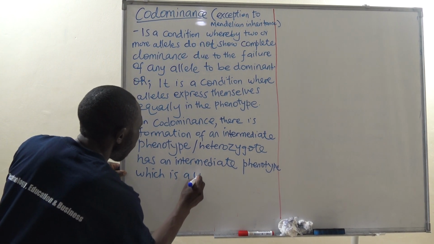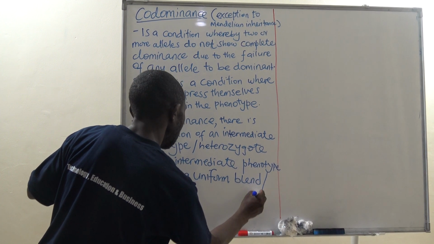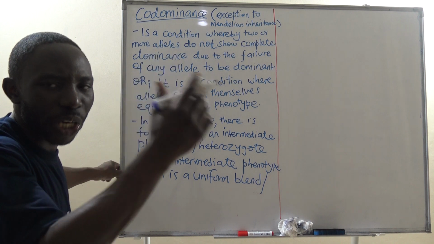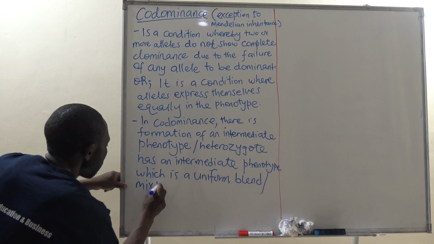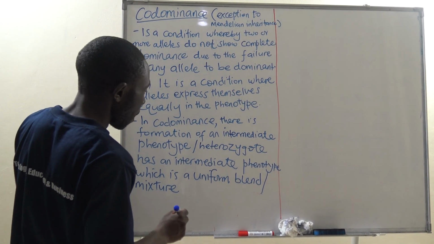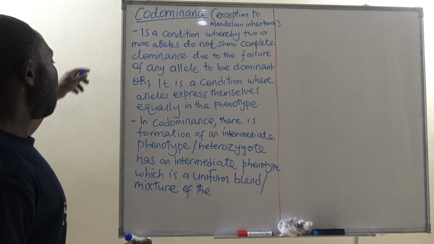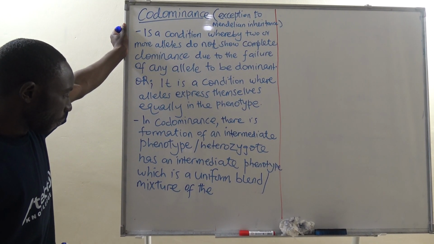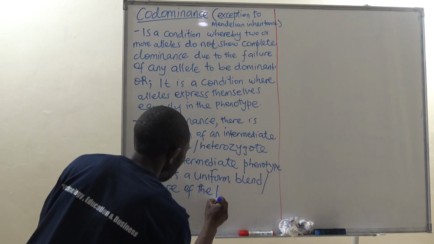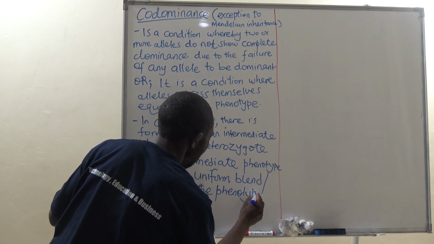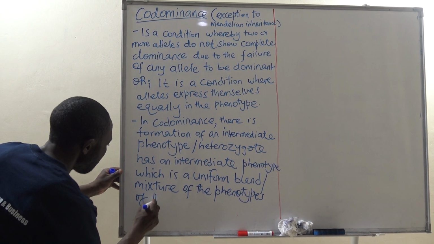Which is a uniform blend. A blend is a mixture, a uniform blend or mixture of the characteristics of the parents, a uniform blend or mixture of the phenotypes of the parents.